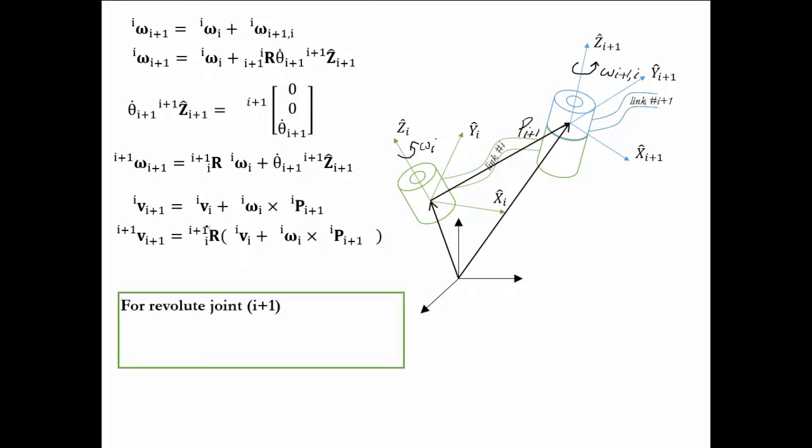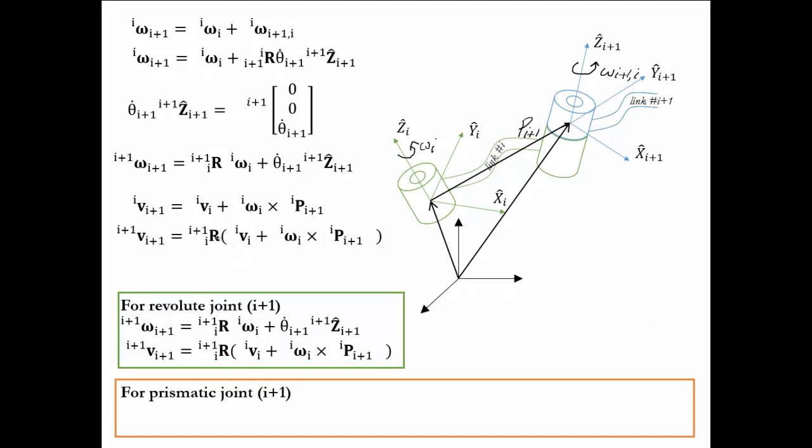Now this leads us to the general expressions for the revolute joint and the prismatic joint. For the revolute joint, joint i+1, we can say like this, which is similar to this expression, and the linear velocity is given by this expression.